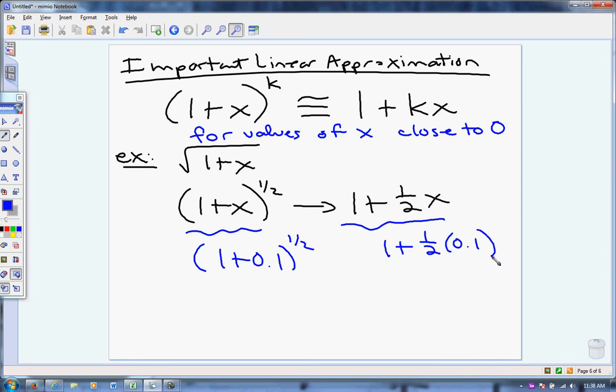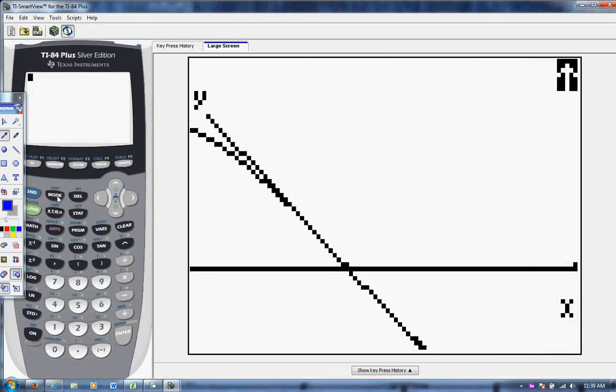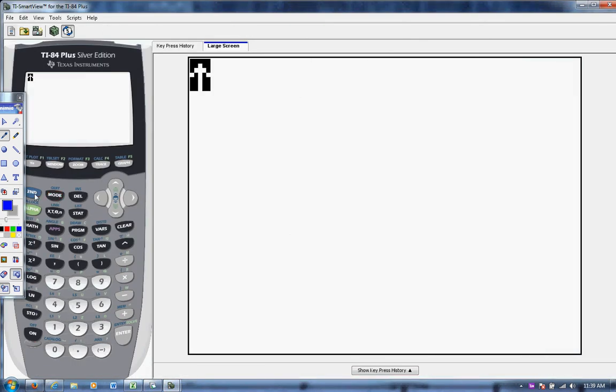Let's see what we get using the calculator on both of those. This is going to be the square root of 1.1, right? And so let's see what that decimal approximation is.